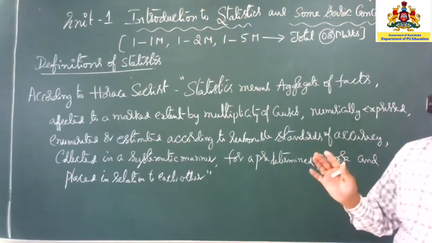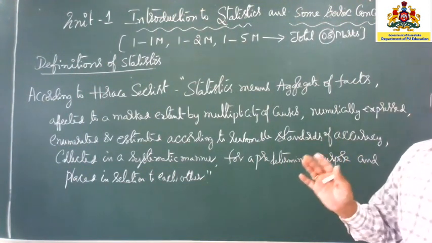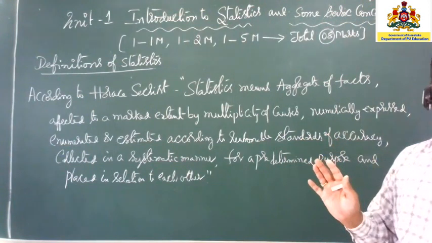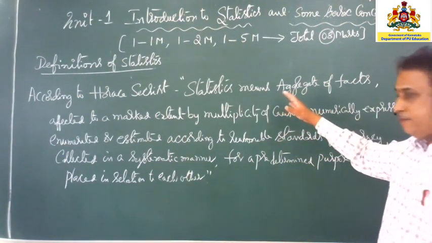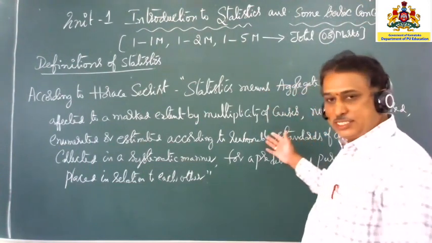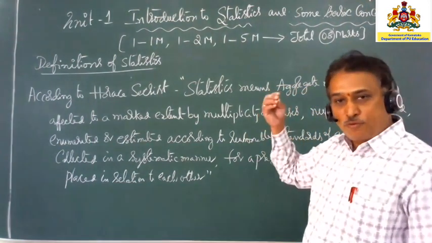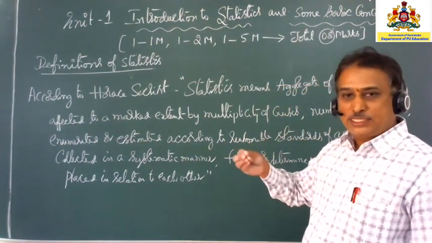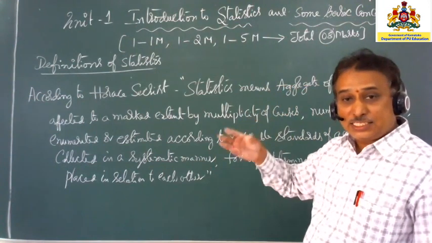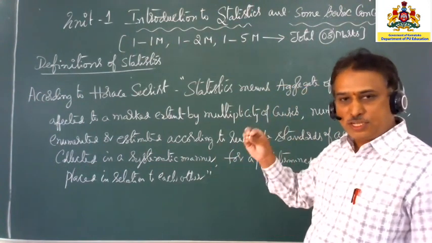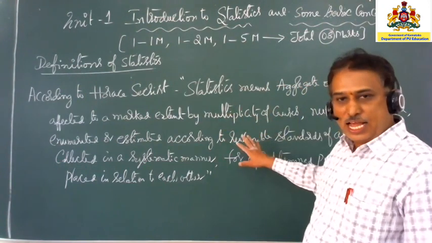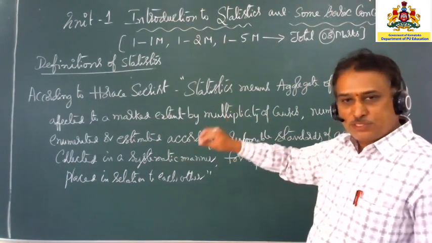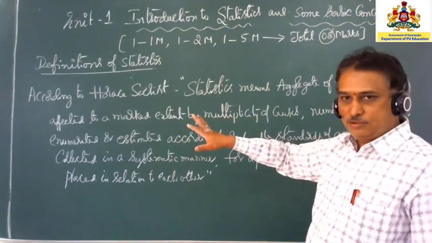It is the wider definition of statistics. This definition we can express as characteristics of statistics, features of statistics. The same definition I will explain in terms of the characteristics.